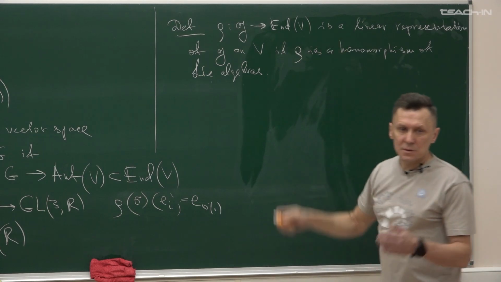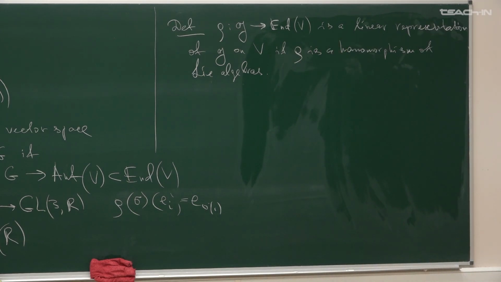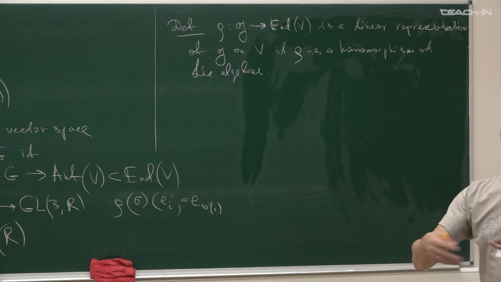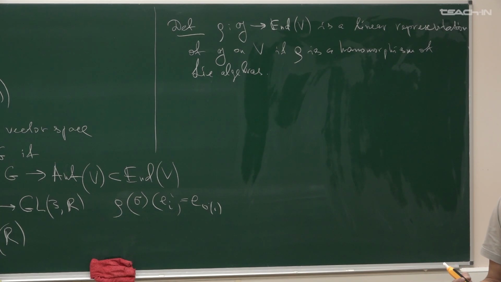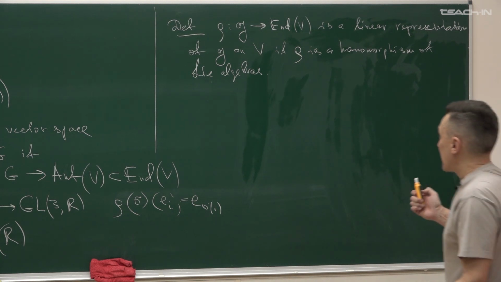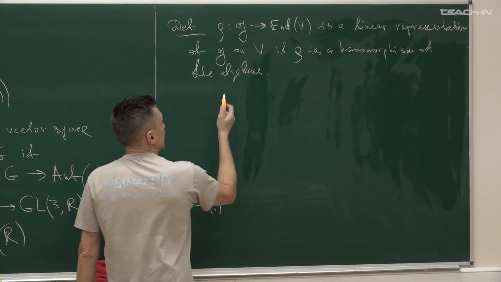So the space of linear maps on the space V is obviously an associative algebra, but it is also a Lie algebra with the operation commutator. Is it clear? We can always consider some commutator.